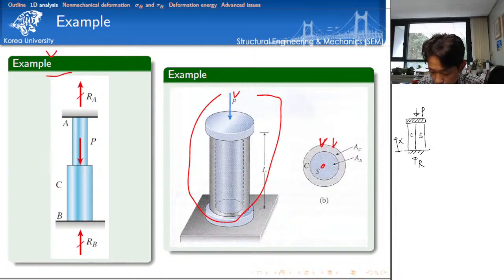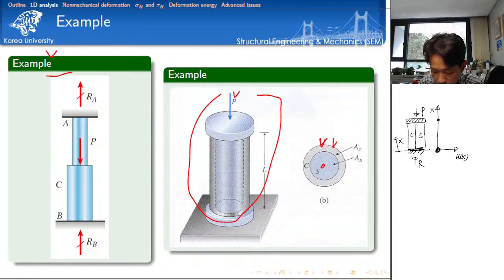Okay, so first we have to consider the distribution of the displacement. This is the amount of displacement, and this is the x coordinate. Because here is the support, the displacement should be equal to 0, and then I have a non-zero displacement here.